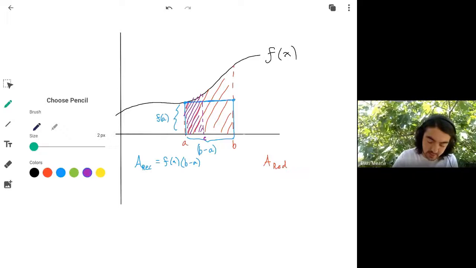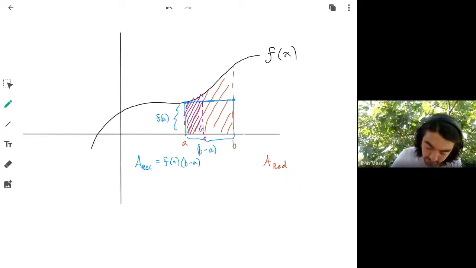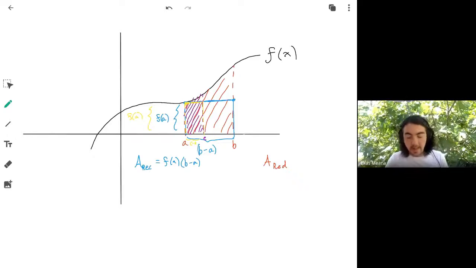We'll do a rectangle like this. It's going to be yellow now. The height of this rectangle is the same as the blue one. It's still F of A, right? The width is still calculated the same way. So the width here is C minus A, but now you can visually see that the area of the yellow rectangle and the area of the purple region are much, much closer to each other than they were originally.